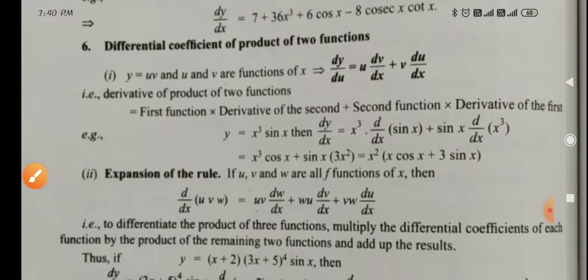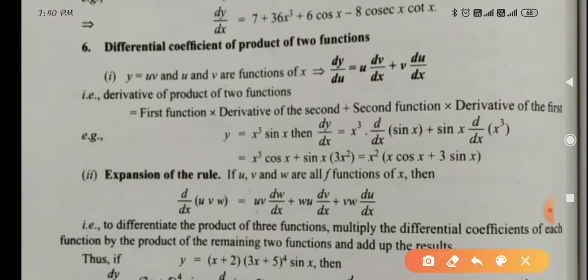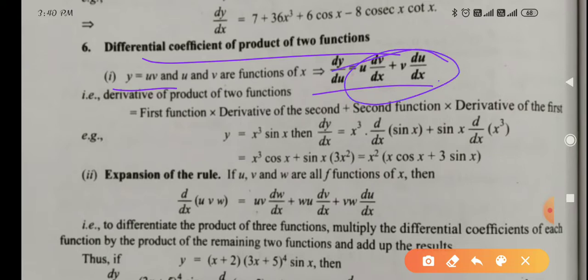Sixth, product, a very important rule. Differential coefficient of product of two functions. In class 11th it came: y equals uv, then dy upon dx equals u same, differentiation of v, plus v same, differentiation of u. You can see here two functions are given, example, y equals x cubed sin x.